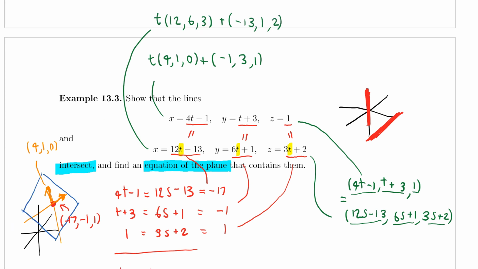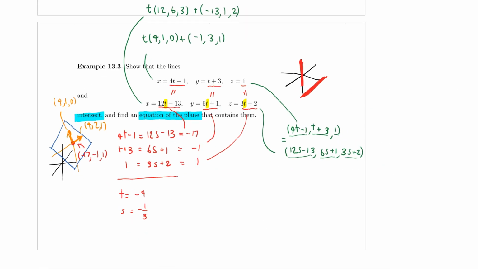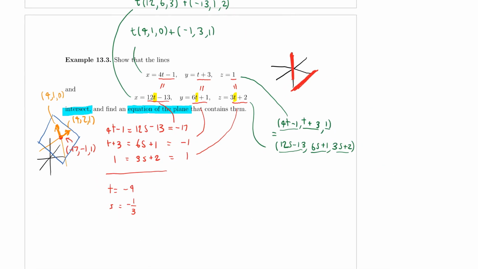So a vector that is parallel to this line is going to be (12, 6, 3). Let me scale this down to (4, 2, 1) because it's just a scale of this vector.